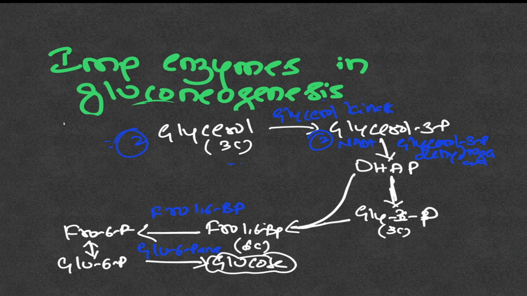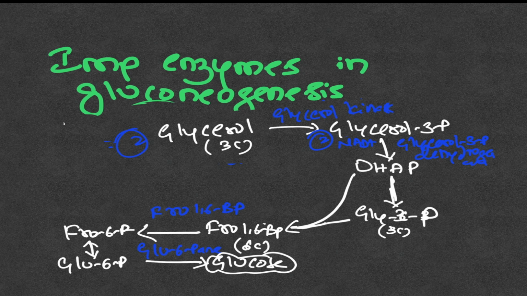So, overall conversion of glycerol into glucose, 2 glycerol into 1 glucose, you need glycerol kinase, glycerol 3 phosphate dehydrogenase, fructose 1,6-bisphosphatase and glucose 6-phosphatase. So, these are the important enzymes that are needed for the conversion of glycerol into glucose molecule.